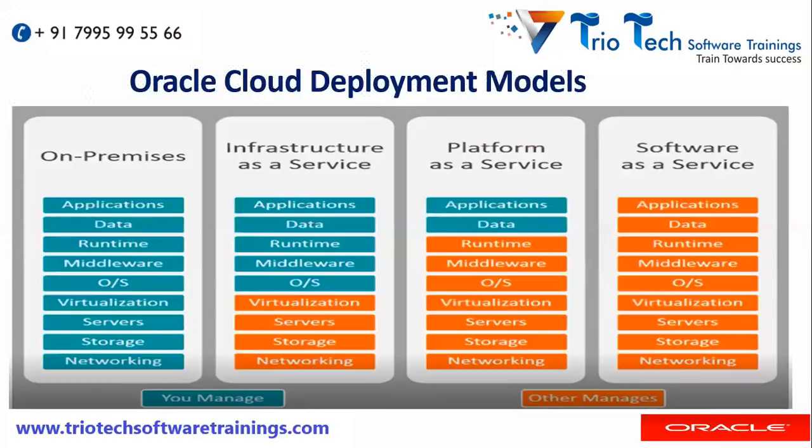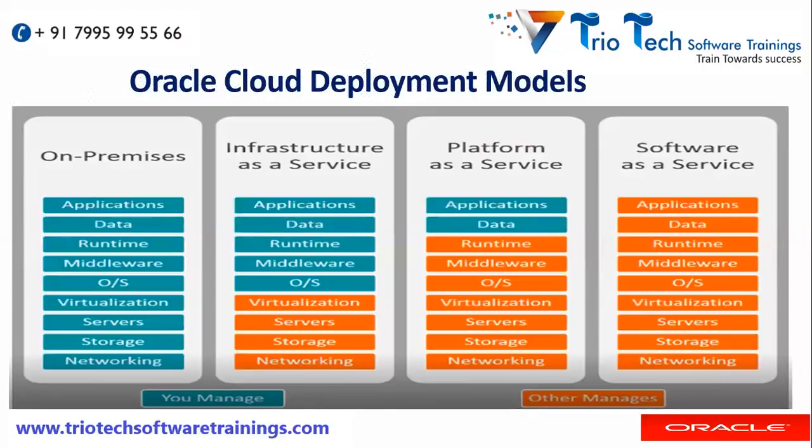When I talk about infrastructure as a service, some of the infrastructure components will be provided by Oracle, within which I can deploy my own application and store my own data.